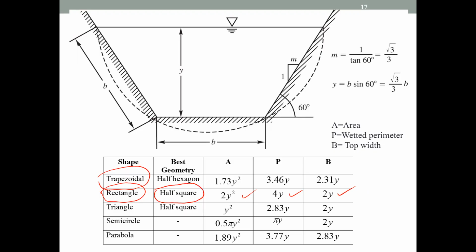Again, for a triangle, it should be like this, half square, the best one. So I need you to prove them. Please try it. The concept is you minimize the wetted perimeter.